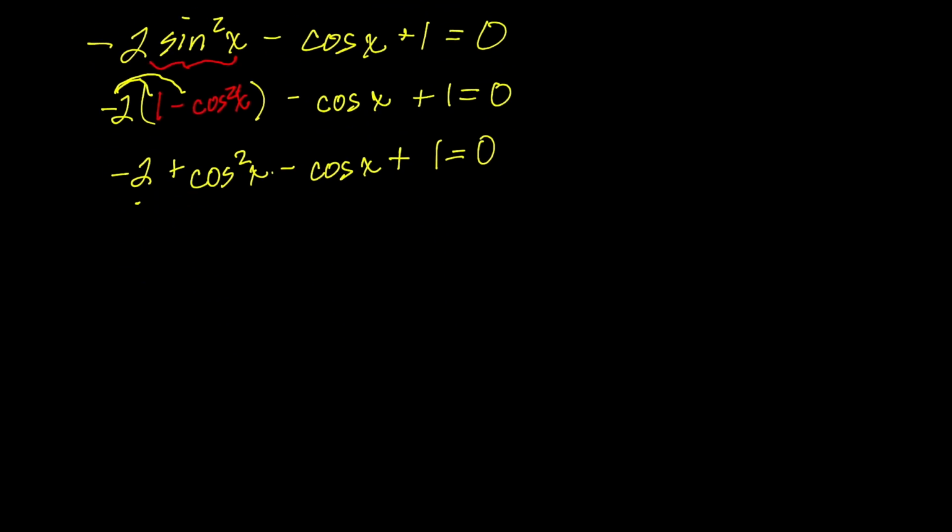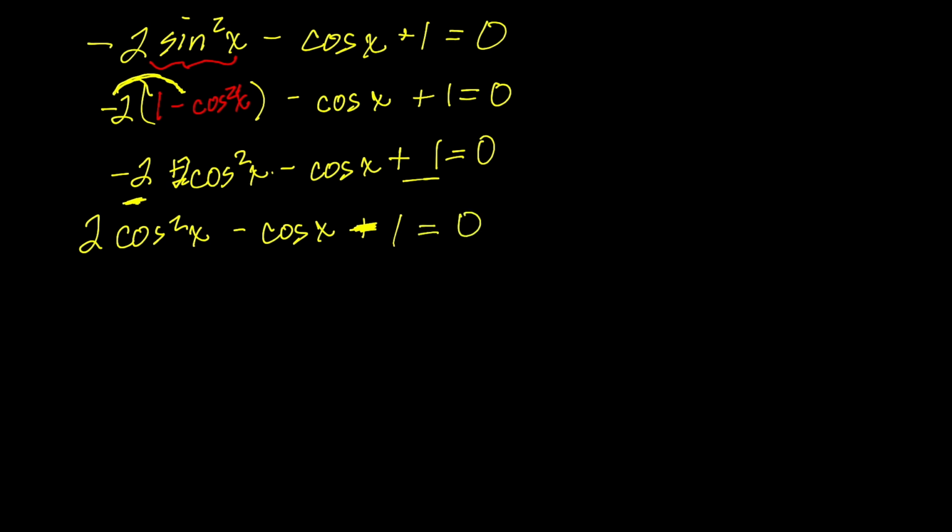So let's write this in descending order now, and we can factor it. Look at me, I distributed a 2 but didn't write it. So I have 2 cosine squared x minus cosine x, plus 1, no, minus 1, because when I combine this negative 2 and this positive 1, we get a minus 1 here.